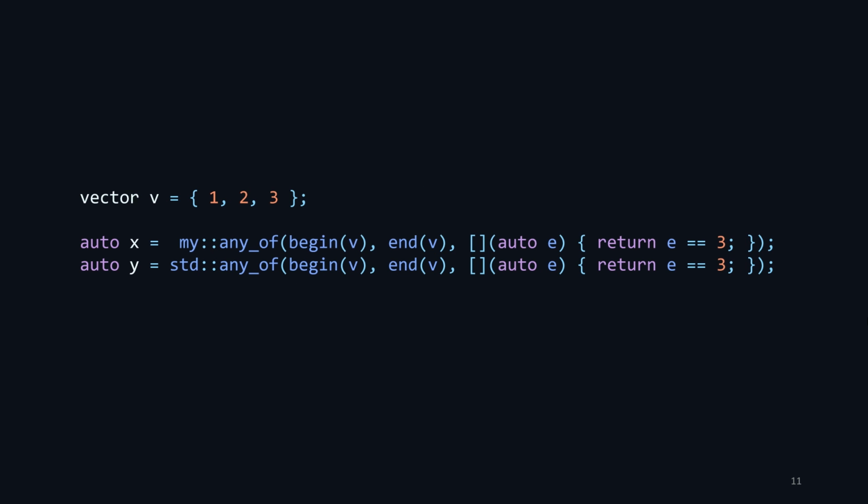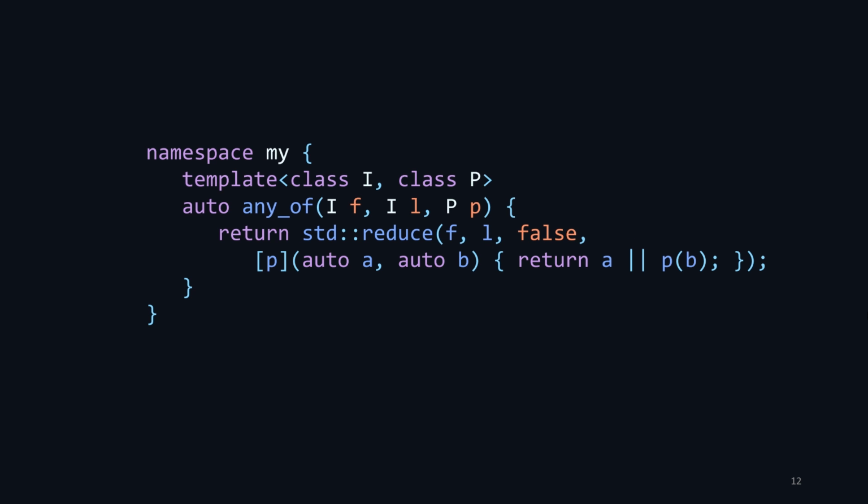So you can think, once again, any_of is doing a single pass through your data structure and returning either a true or a false, whether or not our predicate is satisfied. So in this example, we have std::any_of looping through our vector v and checking, using this lambda here, whether any of our elements are equal to 3. And we have an implementation called my any_of, and it's doing something very similar to count.